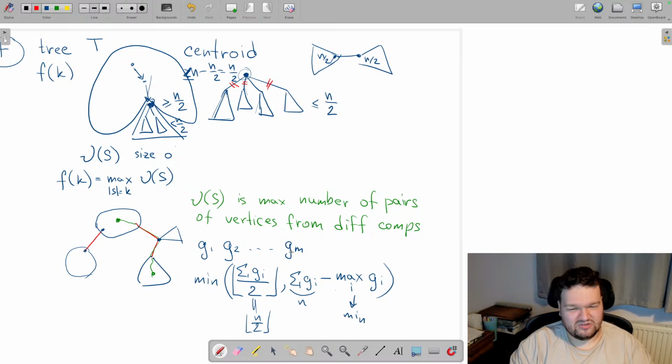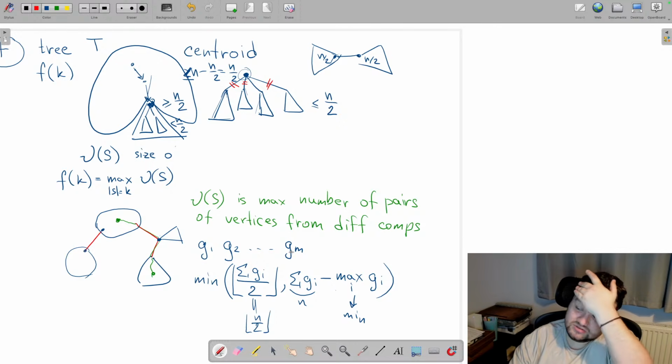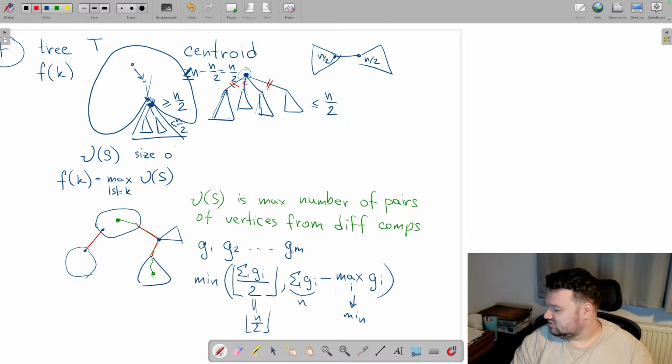Or even rounded down, I guess. Yeah. So that's it for this contest. If there are any questions about any of the problems, you should ask them now. Otherwise, we will be finishing this.